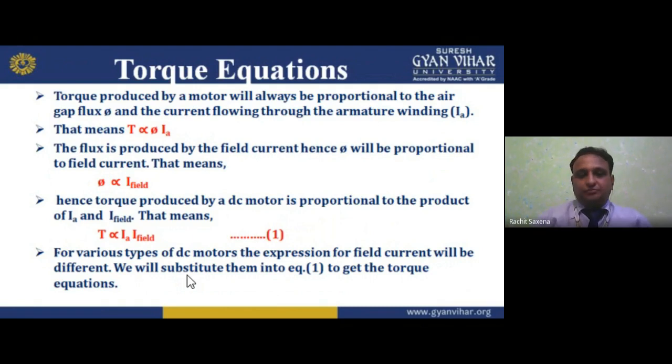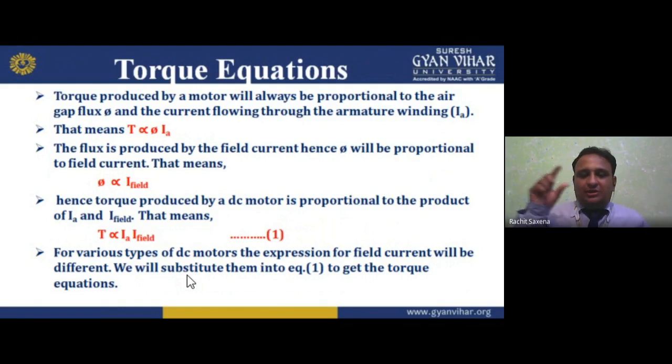The torque produced by a motor will always be proportional to the air gap flux, that is phi, and the current flowing through the armature winding, that is I. Now see, a current carrying conductor placed in a magnetic field experiences an electromagnetic force, also called Lorentz force.